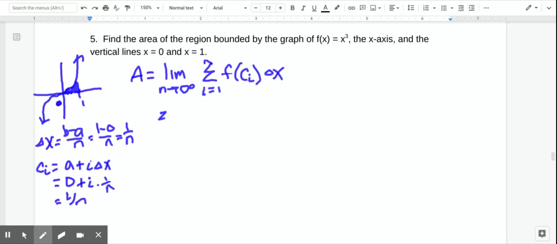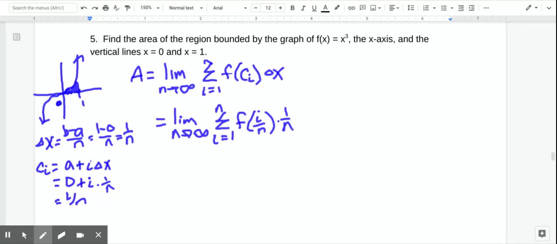So I'm going to come up here and plug those pieces in. It's the limit as n approaches infinity of the sum from i equals 1 to n of f. Remember, ci is i over n, and delta x is 1 over n.